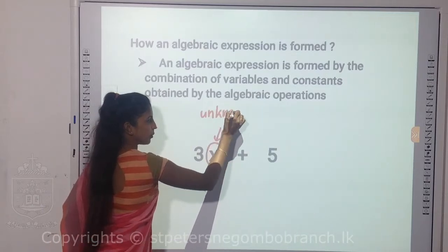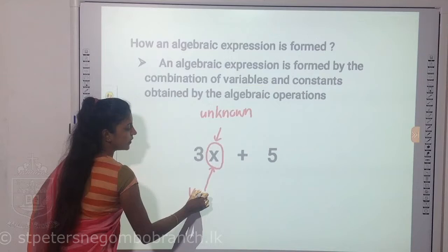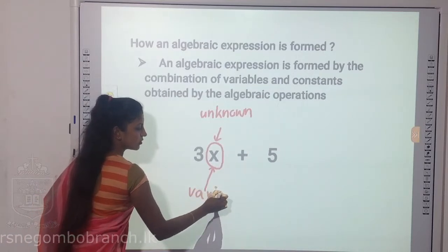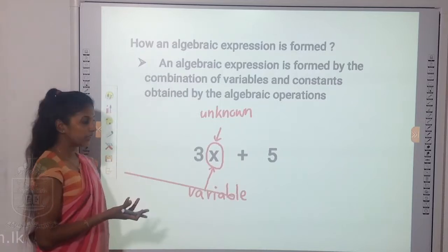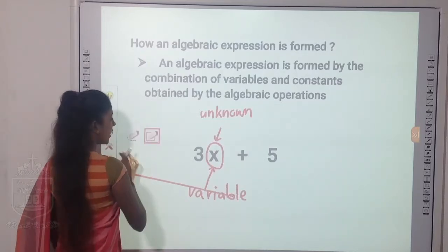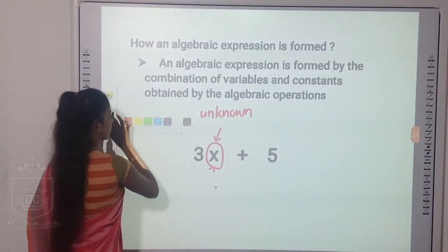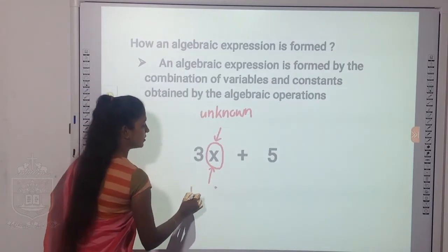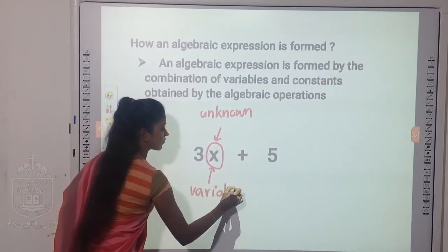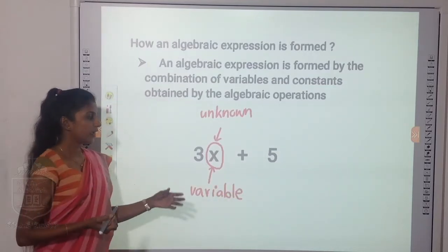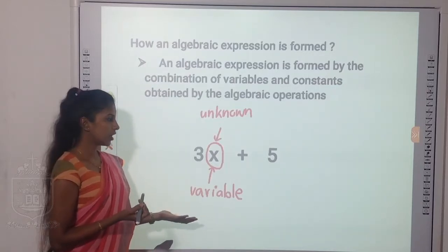This is the unknown number, or you can call it the variable. It can change. Variable means a value which can change. And then you can see a number next to the variable, the unknown number.